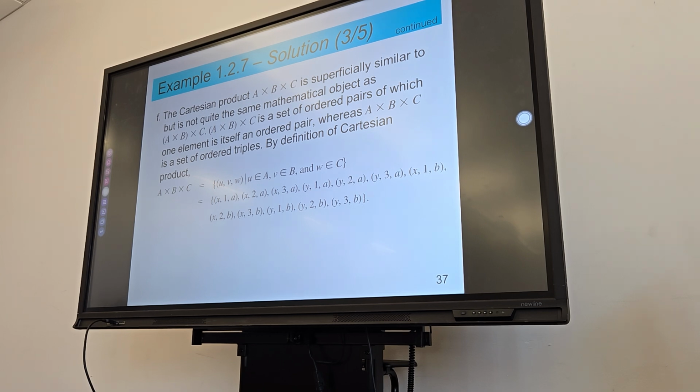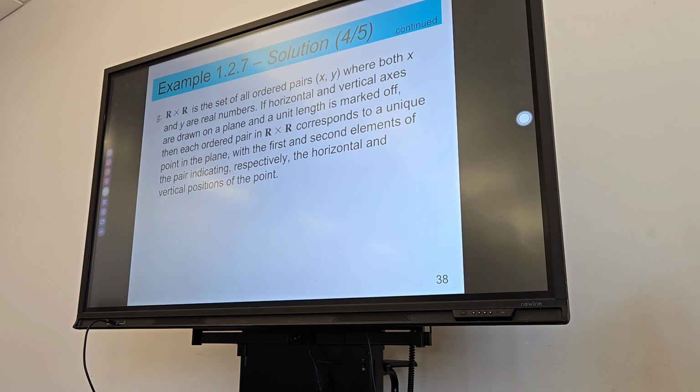So when you have parentheses, the associative property does not apply, the associative property in algebra does not apply to Cartesian products.